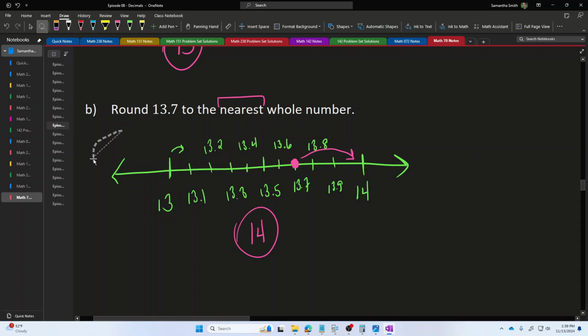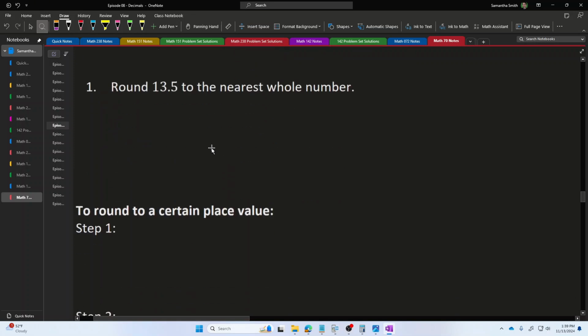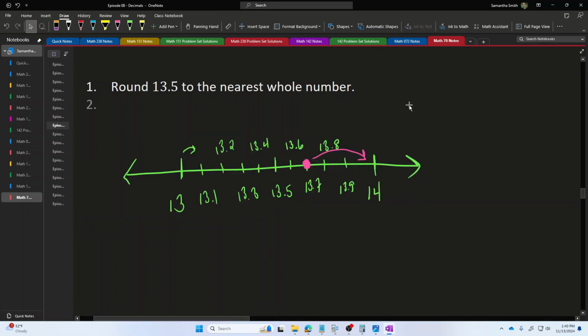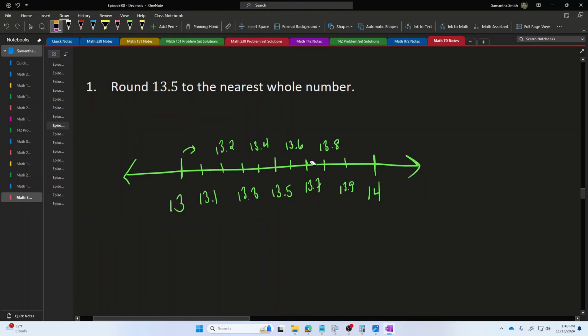Now, this question becomes a little bit more challenging if instead of 13.4 and 13.7, I asked specifically about 13.5. 13.5 is located dead center, directly between 13 and 14.